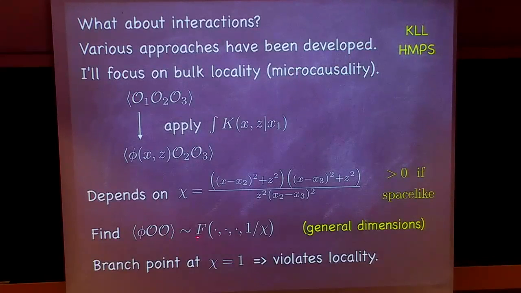The problem is this hypergeometric function has a branch point at chi equal to 1. So that's space-like separation. Since there's a non-analyticity at space-like separation, it means this bulk field won't commute with these boundary operators, even though they're space-like separated. The discontinuity across the branch cut will give you a non-vanishing commutator. So that's what goes wrong. We've constructed a free field in the bulk, but it doesn't respect locality.